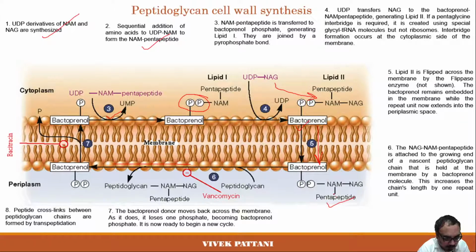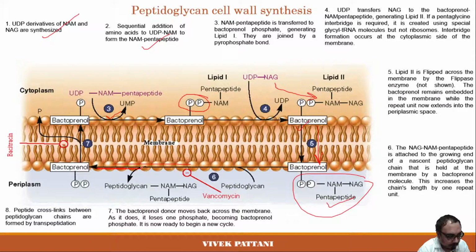This chain will get attached to the system, and bactoprenol phosphate will be freed again, and NAM NAG pentapeptide will join the peptidoglycan layer, forming a new layer of the peptidoglycan.